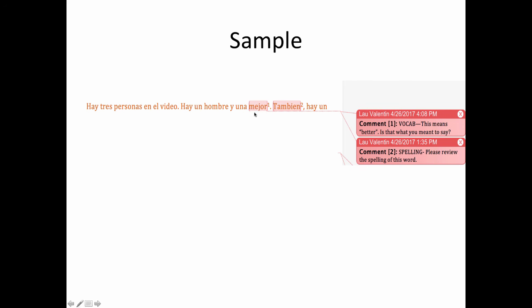So we have mejor, which is highlighted with number 1, and I have offered a comment regarding this error. As you can see, this represents a vocab issue, and I am also providing you with a little bit of guidance so that you can make the corrections.